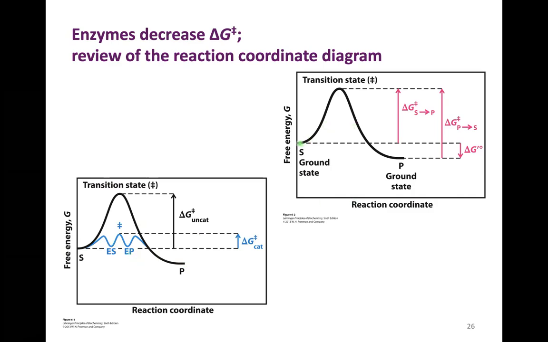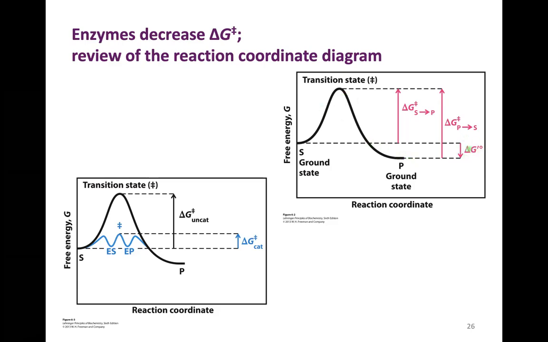And if we think about the forward and backward reaction, in this catalyzed reaction we're going from our substrate to our transition state. That is this difference here. That is defining the activation energy barrier going from substrate to product, okay, in this forward reaction.